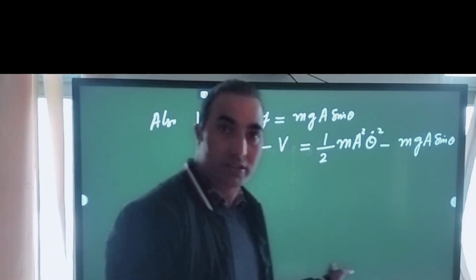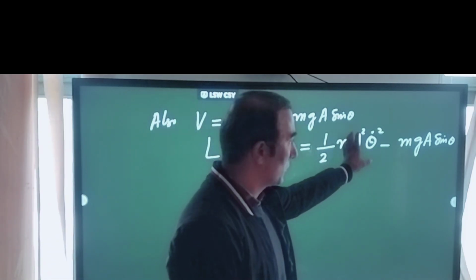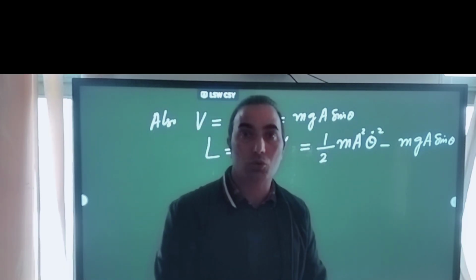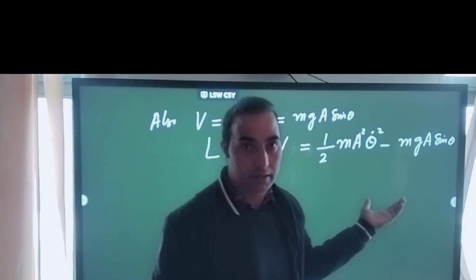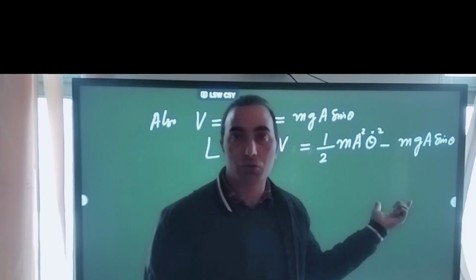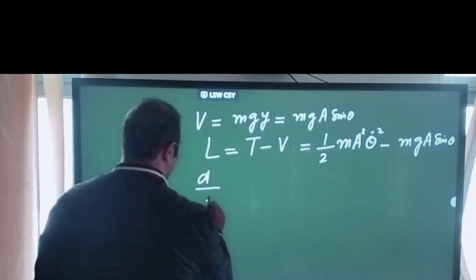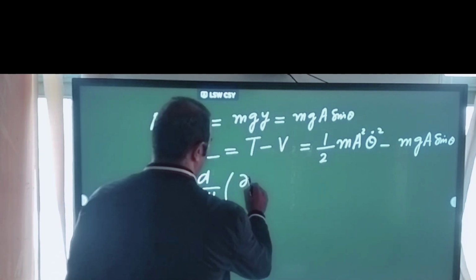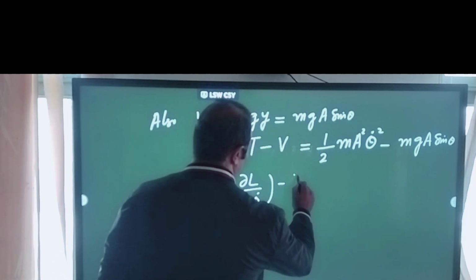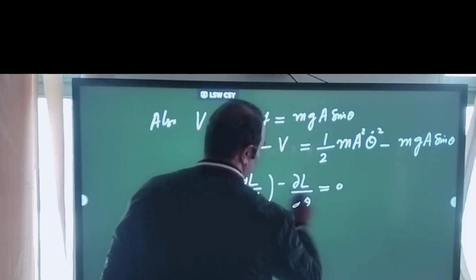Or if you are interested, you can also calculate the Lagrangian equation of motion, right? You need to differentiate it with respect to theta. The question says that we need to construct the Lagrangian for this case, right? But I'm saying that in addition to that, you can calculate the Lagrangian equation of motion. The Lagrangian equation will be d by dt of partial L by partial theta dot, minus partial L by partial theta, equal to 0, right?